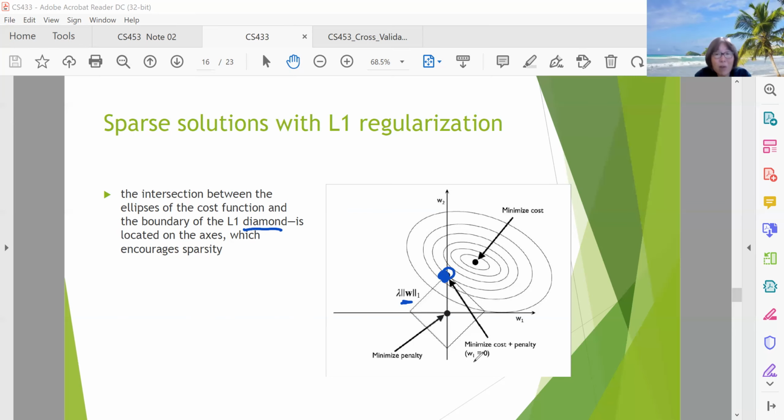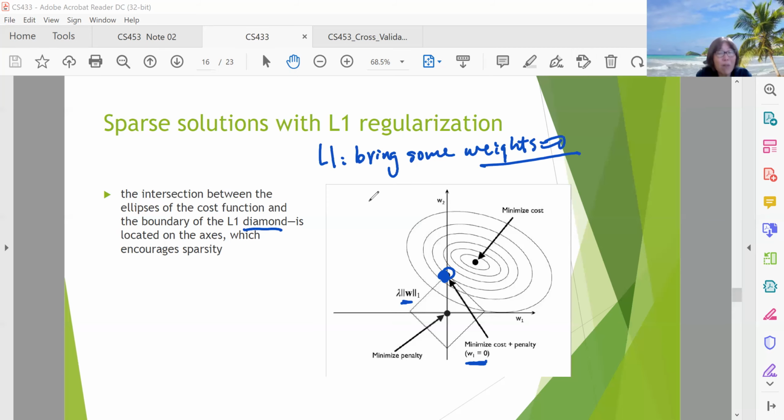Do you see this intersection point is bringing W1 to 0? So with L1, it can bring some weights to 0. And if a weight is 0, it has no influence. If it has no influence, then you can remove the feature.